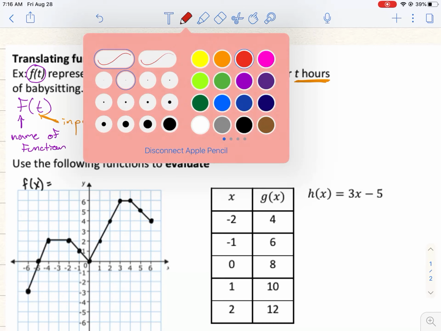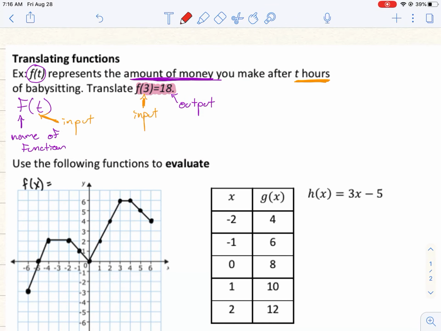If you were to translate this into an actual sentence, what this means is that you make $18 for 3 hours of babysitting.